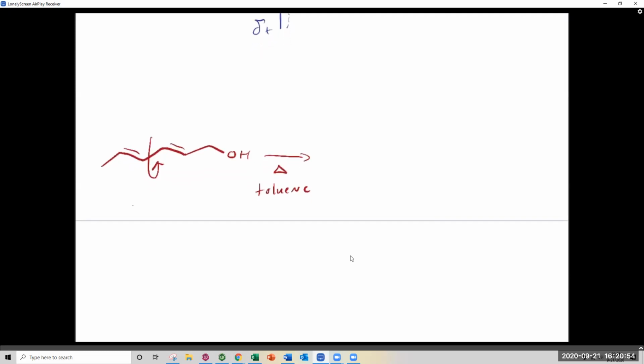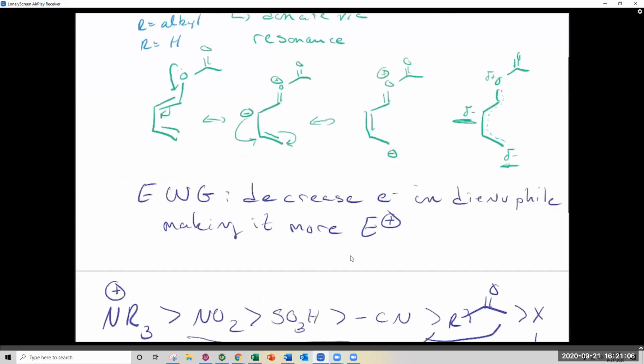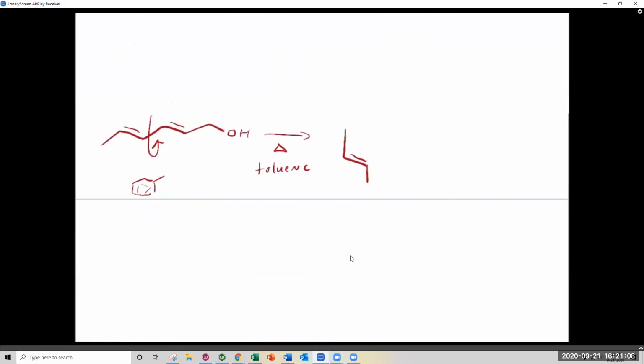Toluene has this structure here. It's a benzene ring with a methyl group, so methylbenzene or toluene is its common name. We're going to rotate it to where we get the so-called S-cis conformer. Then we're going to react it in the presence of maleic anhydride.